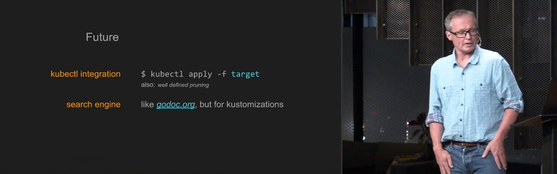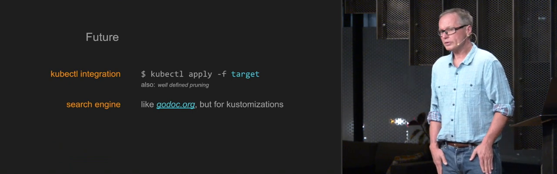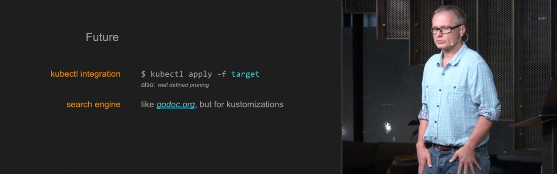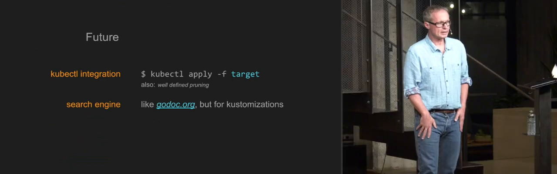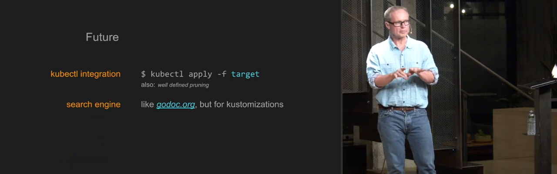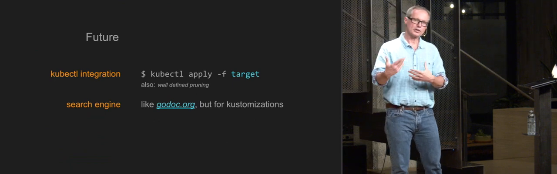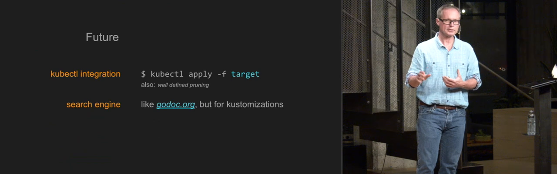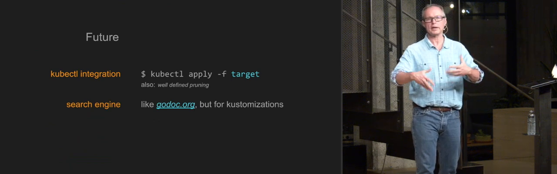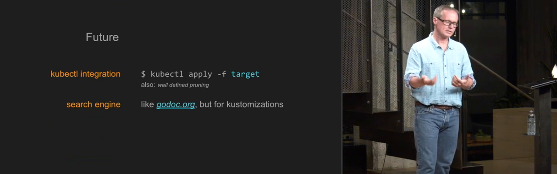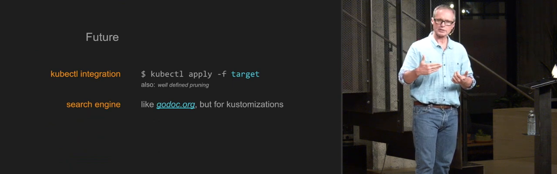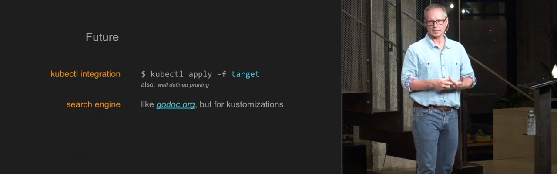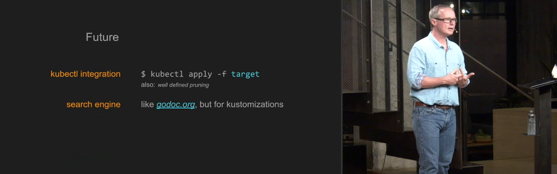To wrap up, the future: we're going to integrate this into kubectl. It's sort of where we wanted to be at the very beginning. So when you type kubectl apply -f with a directory name, it's going to look and see if there's a customization file there. We might call it apply.yaml, I'm not sure yet. If there is, it'll follow the same execution path that customize build follows.